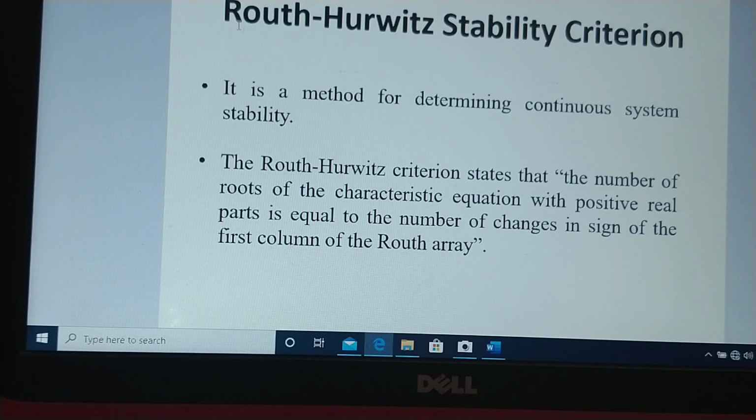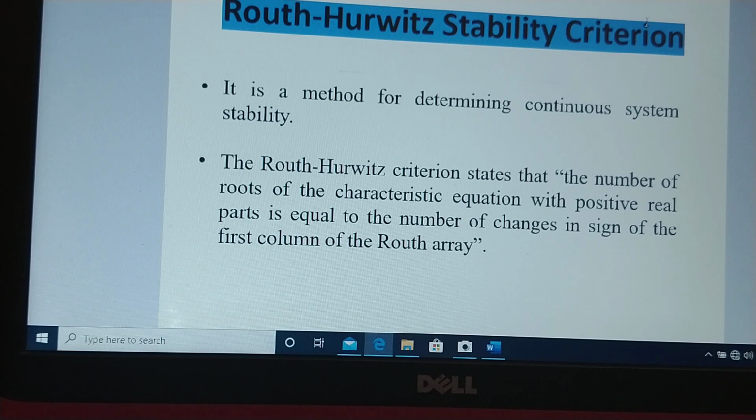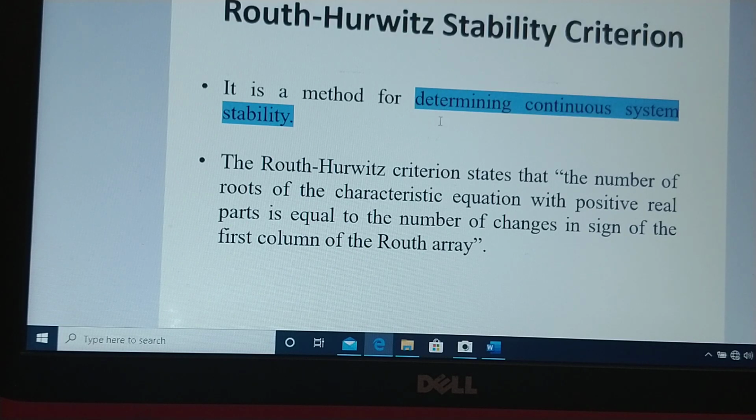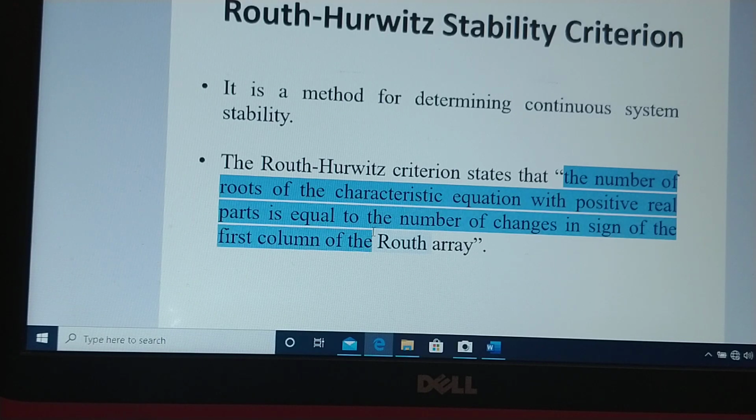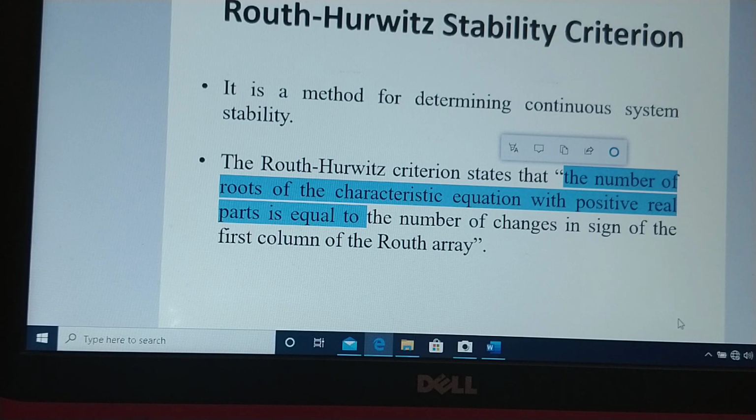Now, Routh Hurwitz stability criteria is a method to determine continuous system stability. What does the criteria say? The criteria states that the number of roots of the characteristic equation with positive real parts is equal to the number of changes in the sign of the first column of the Routh array.